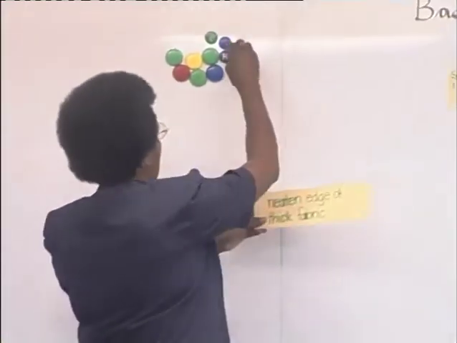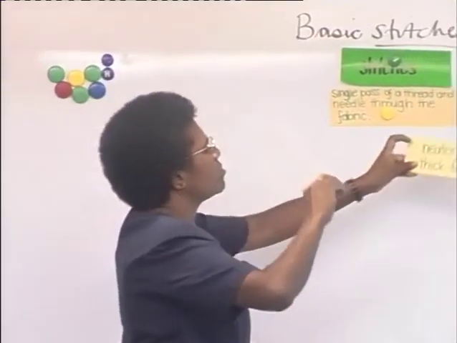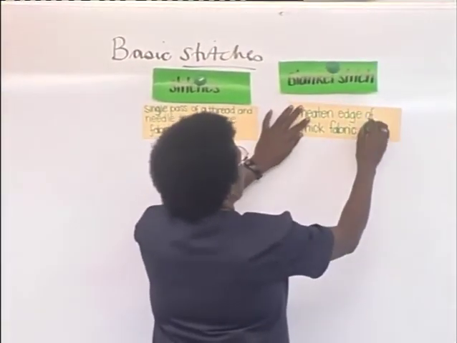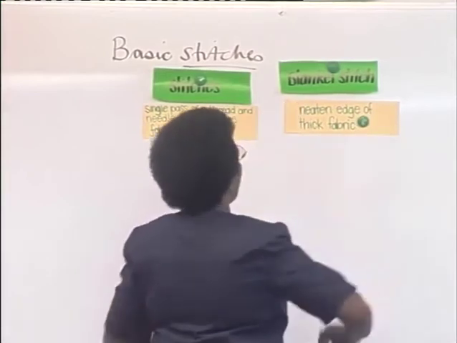Good. Blanket stitch is used for sewing the edge of a thick fabric.